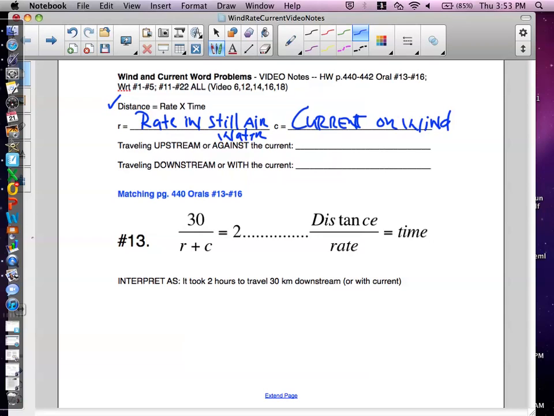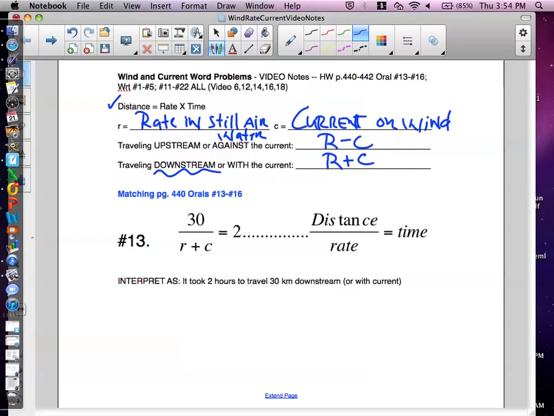So when you're traveling upstream, going against the current, it slows you down. So that would be your rate minus the current. And when you're traveling downstream, you're going with the water, with the flow, the wind is behind you, pushing you, then you go faster. So it's your rate plus the current.